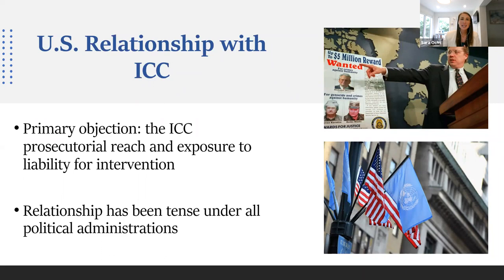But when it came to the ICC, the story really changed for the United States. It supports international criminal justice and was originally supportive of the idea of an international criminal court, but where it really got hung up was the fact that the United States itself could be found guilty of committing war crimes or crimes against humanity.